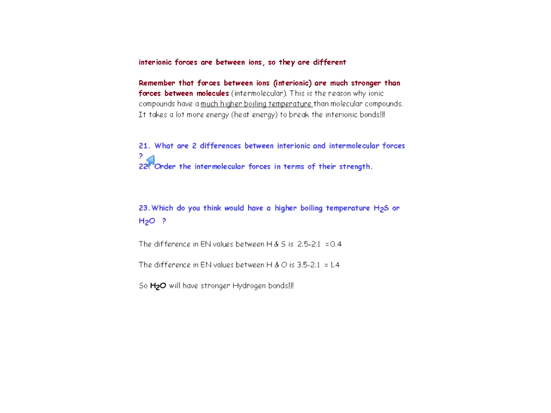Okay, so another question for you guys. What are two differences between interionic and intermolecular forces? The first one's maybe more obvious. It has to do with the name of those, interionic and intermolecular forces. That would be one difference. I see that Ashley's typing something.